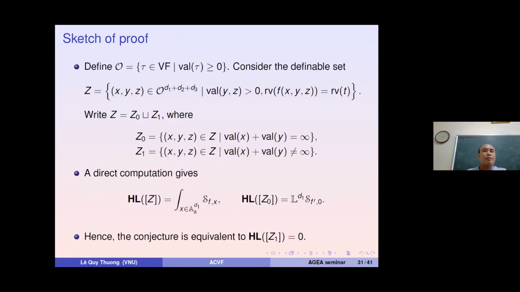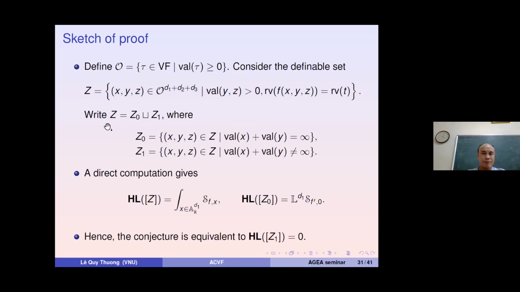Now let me sketch this proof. We consider this one, and we want to take the Hrushovski-Loeser morphism to get the left-hand side of the integral identity.